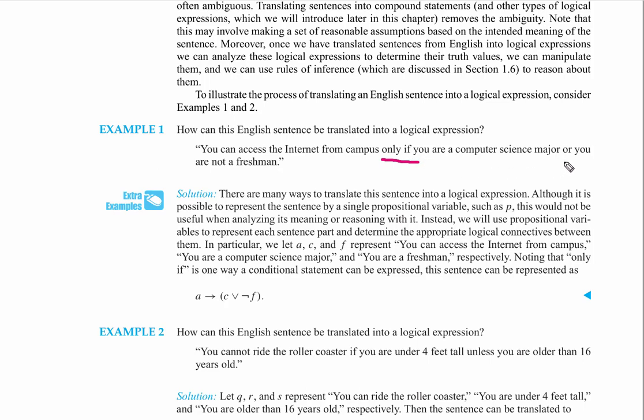So that's an implication, and the operation or here. And breaking up the propositions, so A is the proposition: you can access the internet from campus. Remember, only if just means an implication. So A implies this stuff.